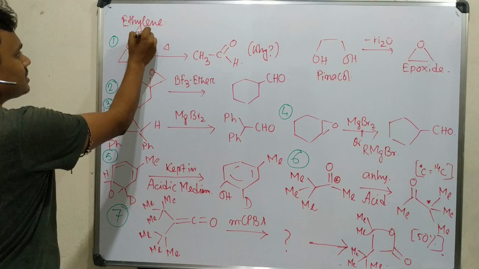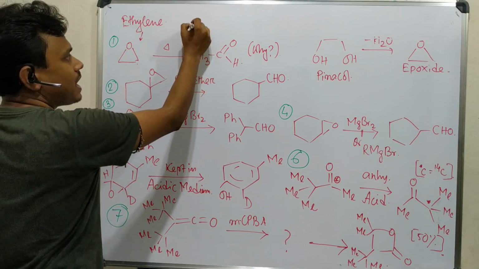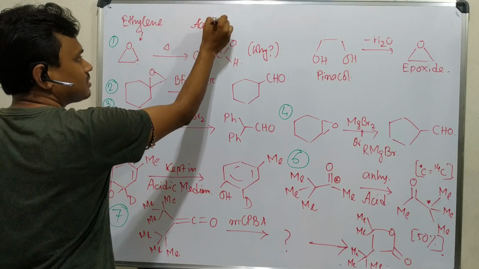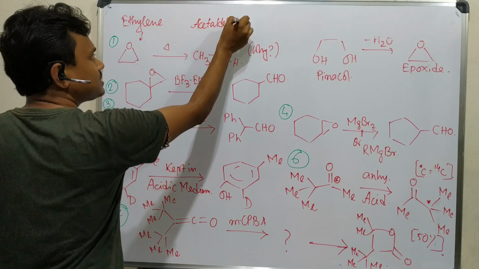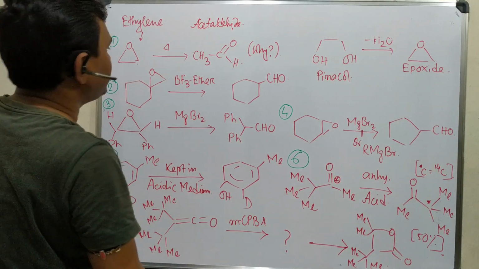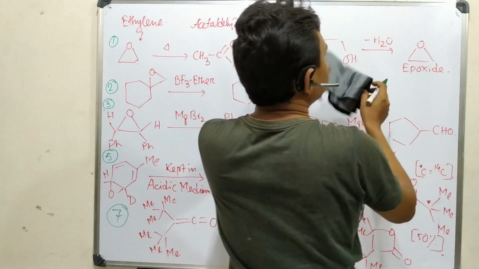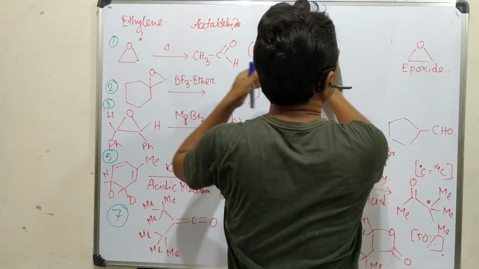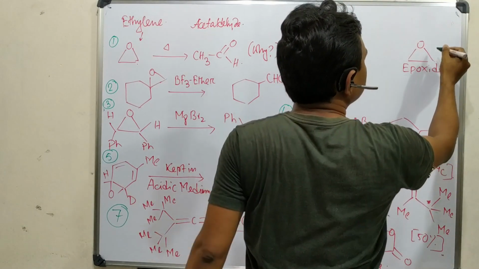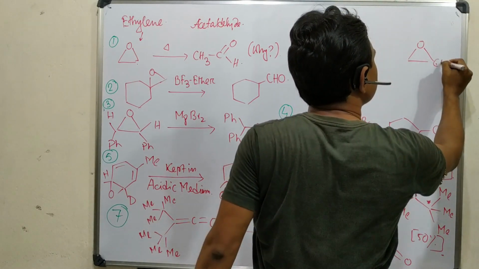So this ethylene oxide, in the presence of heat, is converted into acetaldehyde. So how is this happening? First just think of this epoxide: this is CH2, this is CH2.